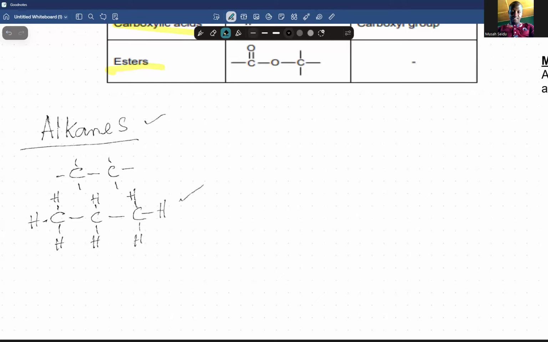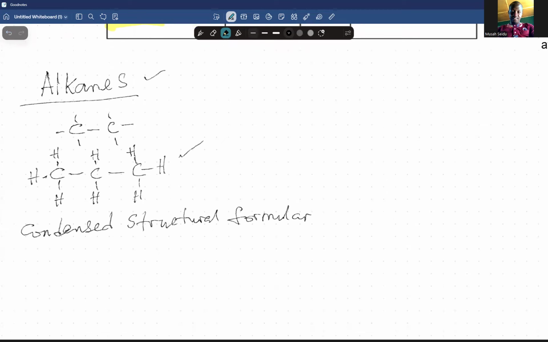But if I want to write the condensed structural formula, all I have to do is write my first C, and then ask myself, how many hydrogens do I have surrounding the first carbon?